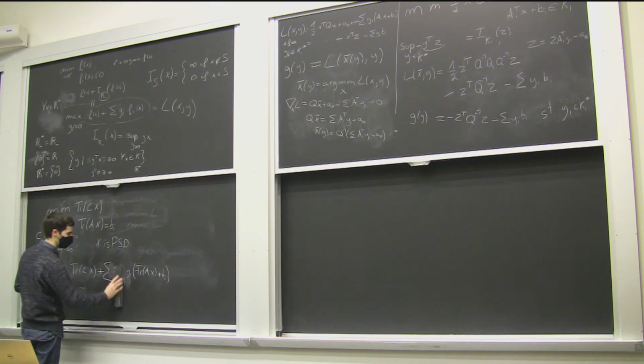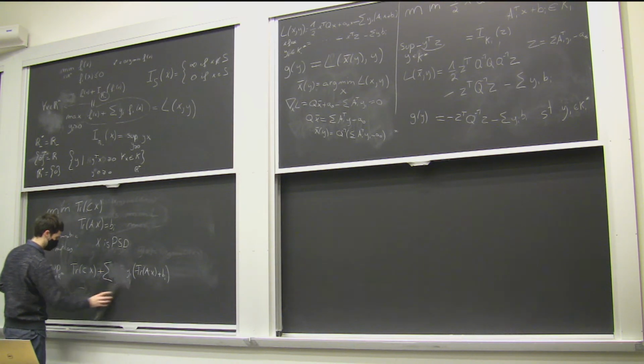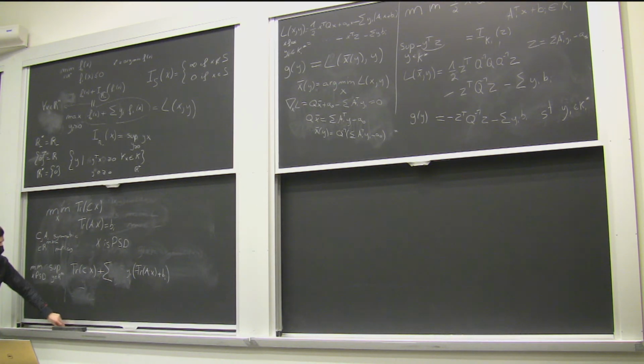So now you can do this. If the trace term, if the trace plus bi is negative, then the supremum, like the best y value, would be 0, right?